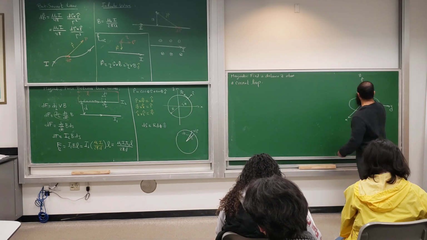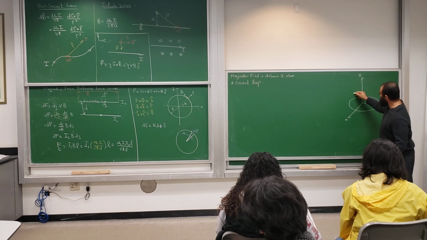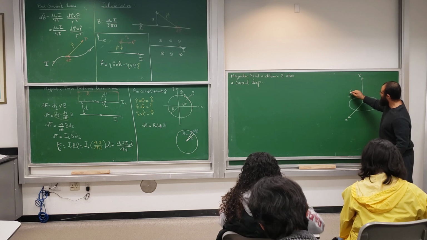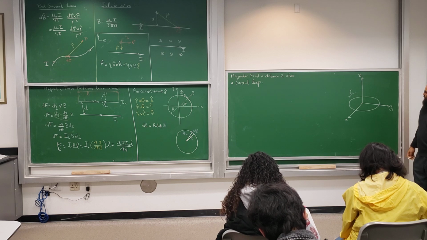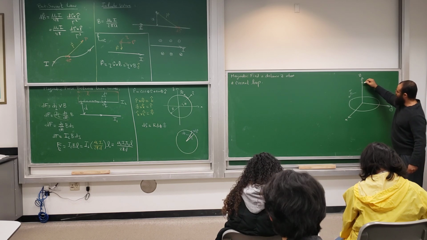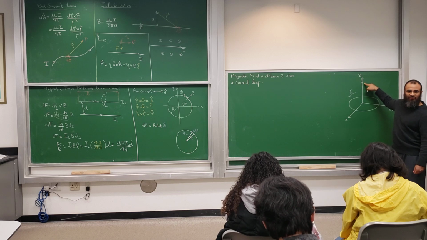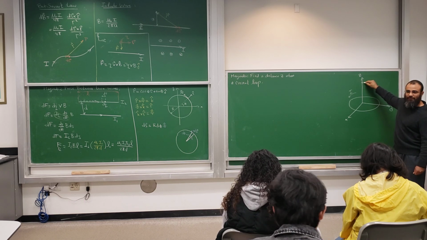I'm just going to choose it; the current could go clockwise or counterclockwise. Our goal is to find the magnetic field at a distance z above the center of the loop, on the axis of the loop.